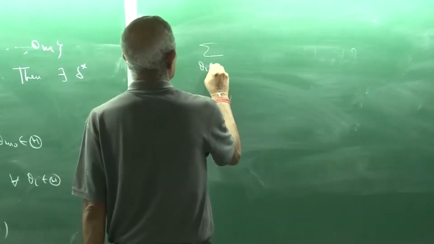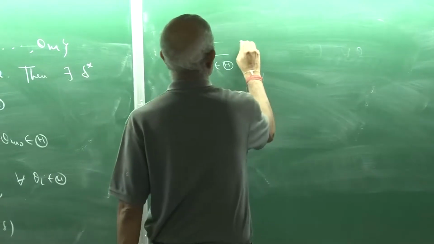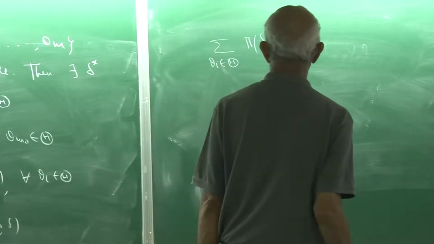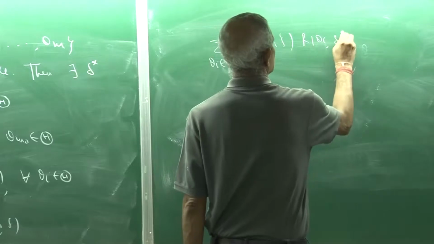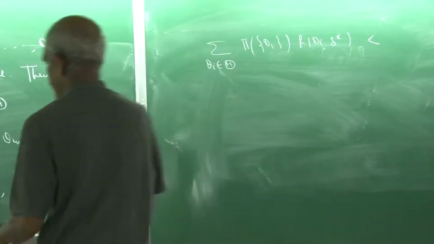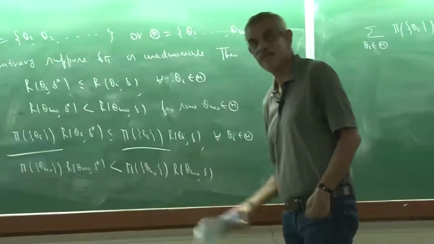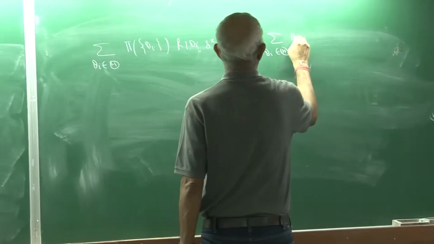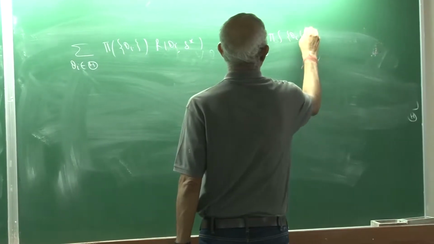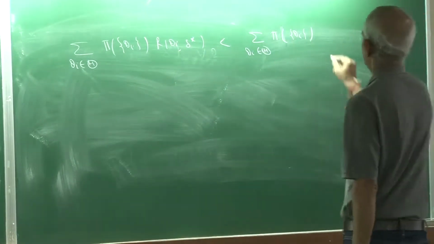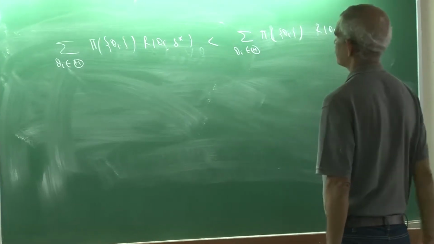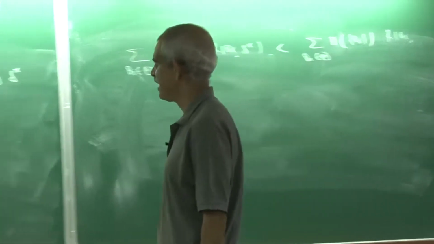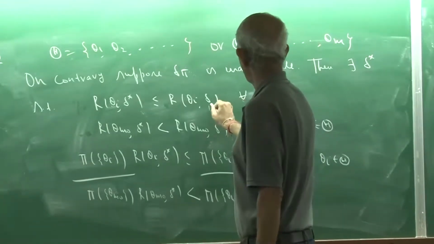So the sum over theta I belonging to theta of pi of theta I r(theta I, delta star) is strictly less than the sum of pi of theta I r(theta I, delta pi), because I am assuming delta pi to be inadmissible.